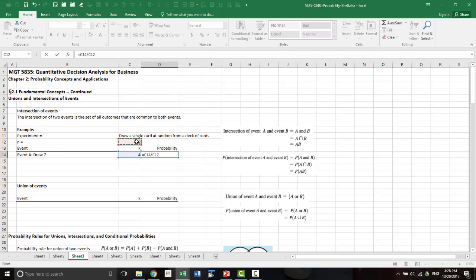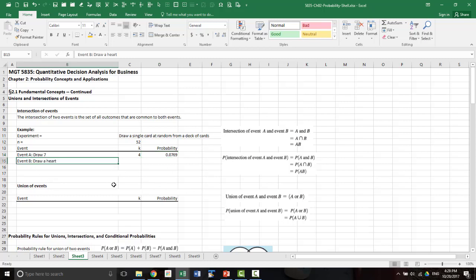I'm going to make that C12 absolute, so we will be able to copy this probability down with the N always coming from C12. And let's format this. Now let's define another event, event B, that is draw a heart. What is the probability of that?